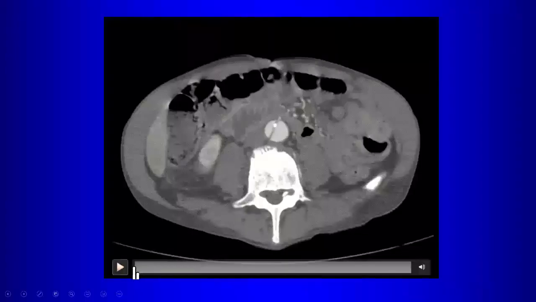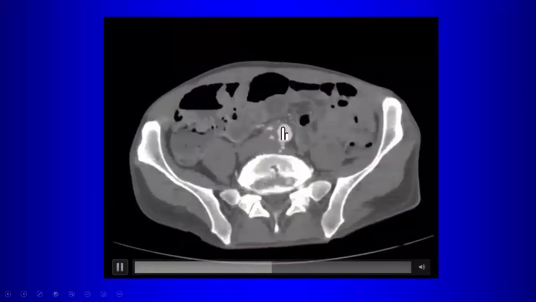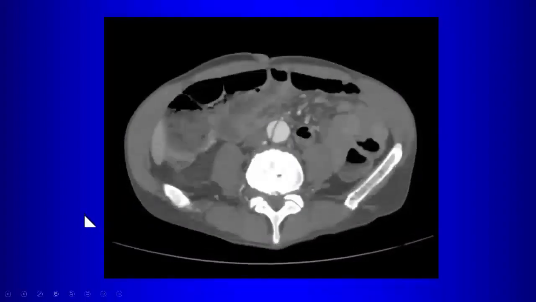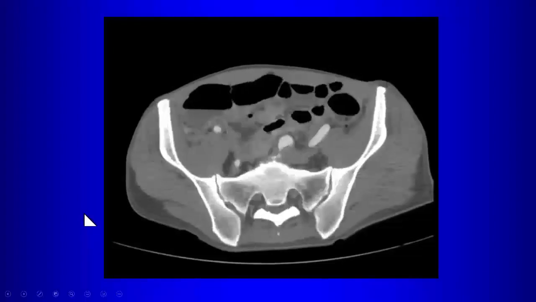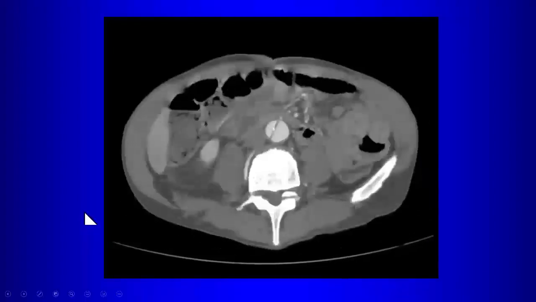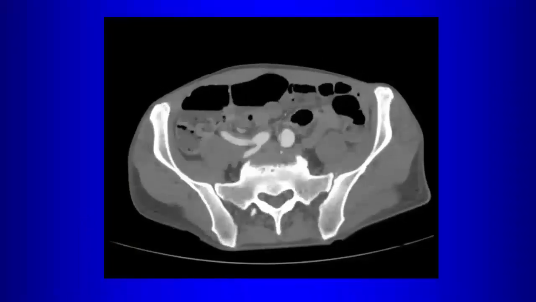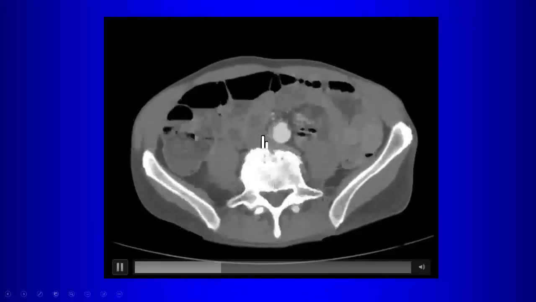Okay. So here when we look down lower, look what happens to the dissection flap and what is it doing here? What's happening here? Well, what vessel is this over here?